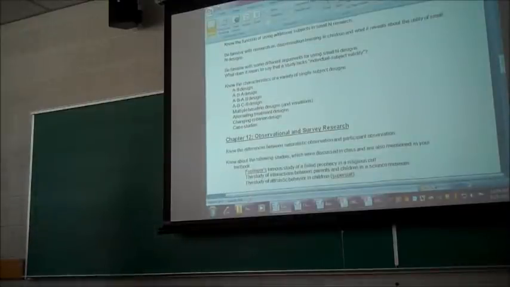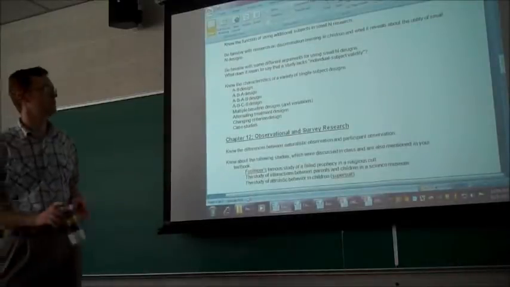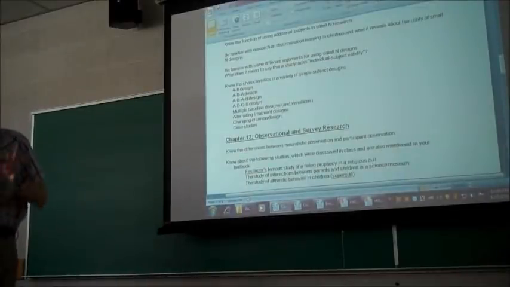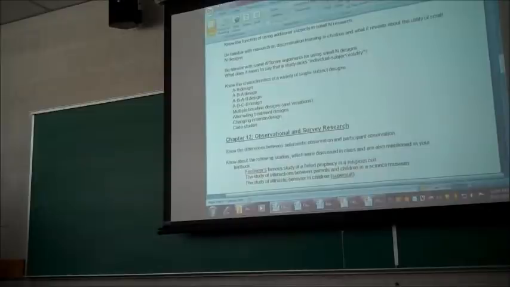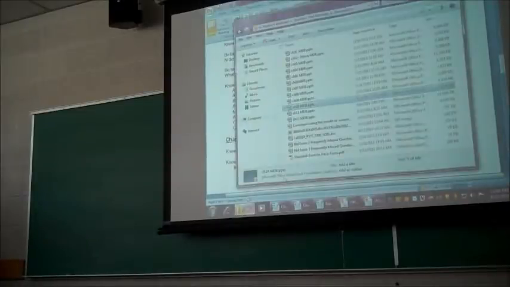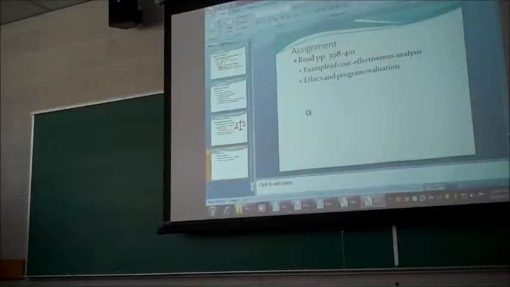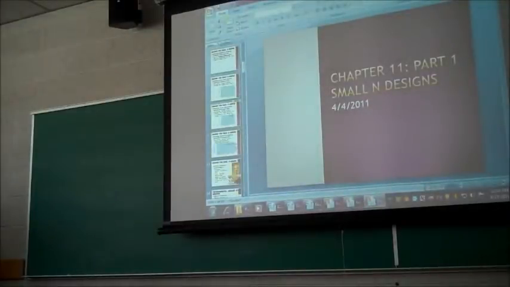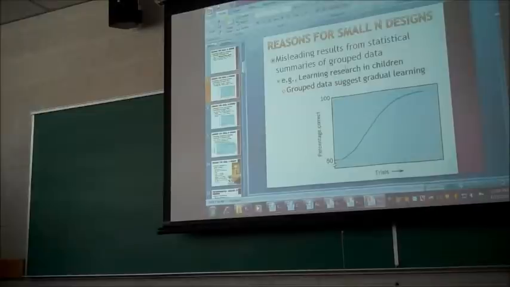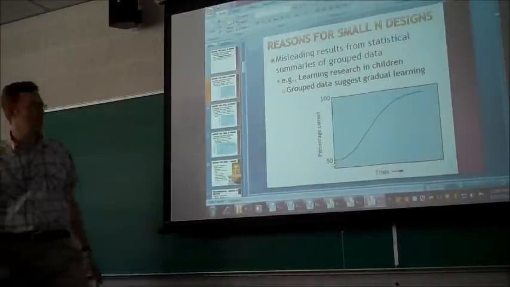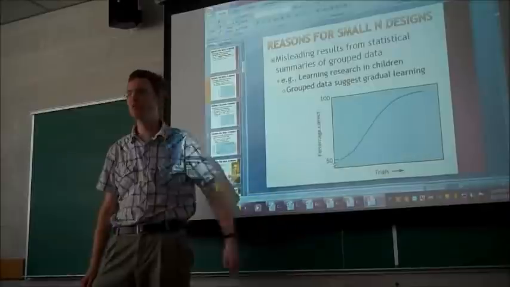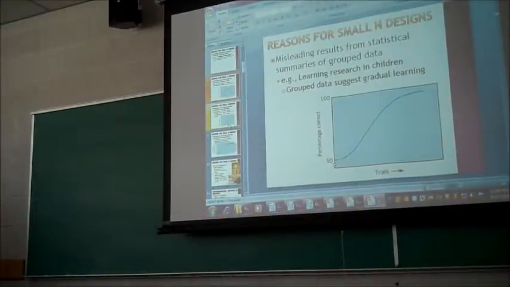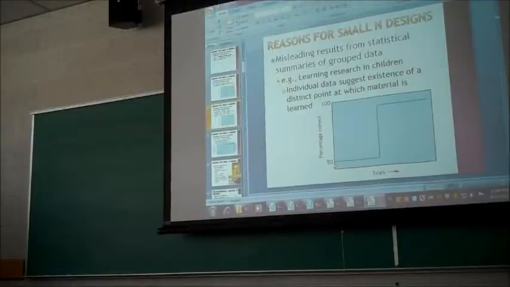Research on discrimination learning in children and what it reveals about the utility of small N designs. Let me put that slide up real quick, because I thought that one was especially neat, and it's really important to understand this. If you looked at grouped data for learning, it would look like learning occurs gradually. There's this gradual slope. But if you look at the data for an individual child, it looks very different.